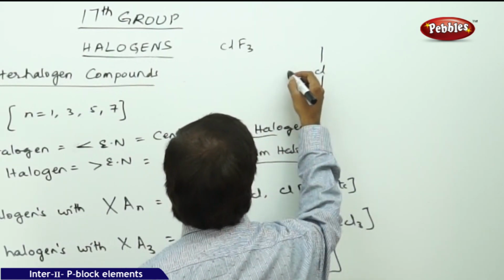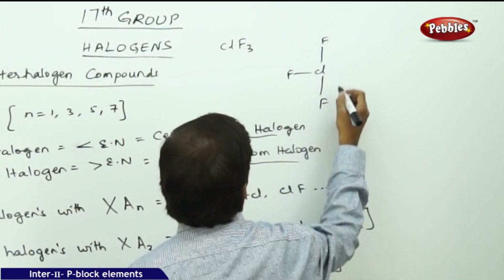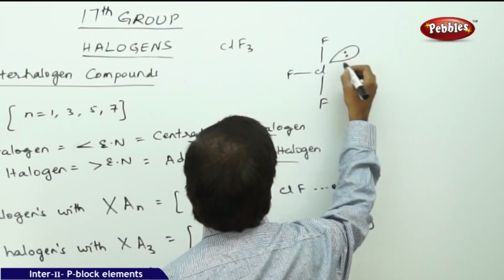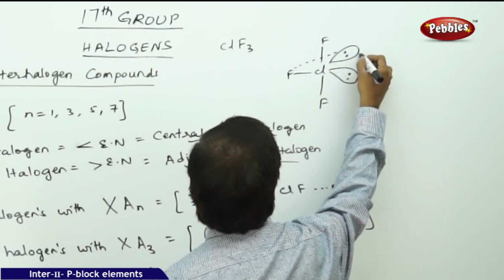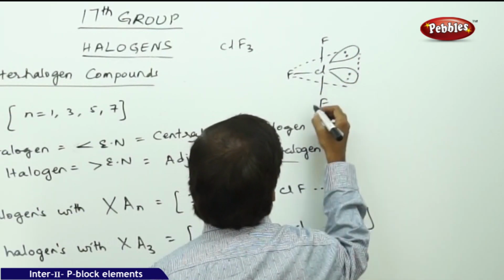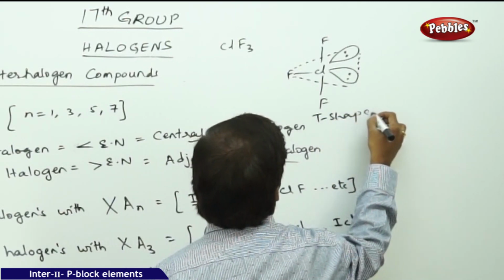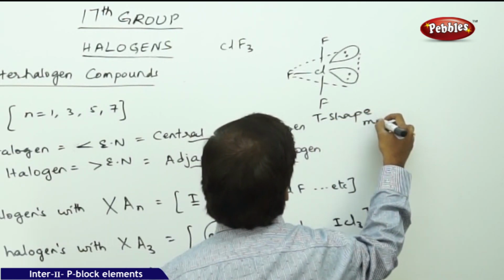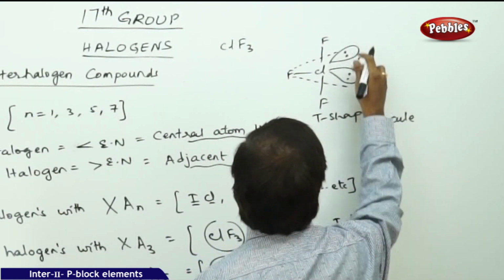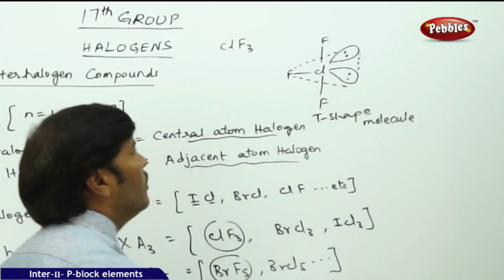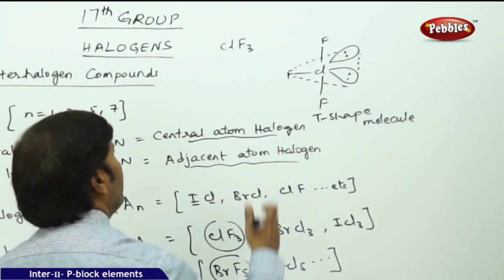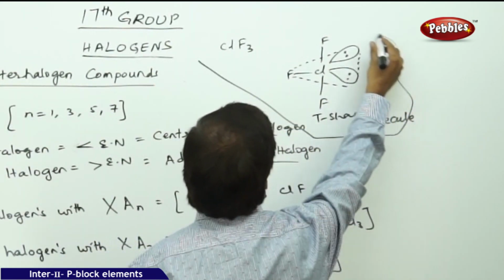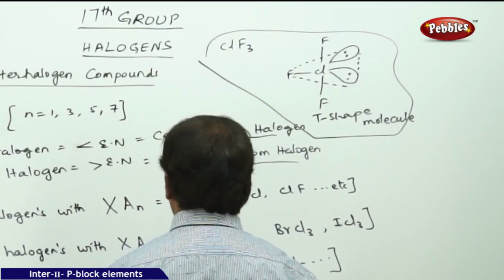The 2 lone pairs are in the equatorial position, 2 fluorines are in the axial position, and the third fluorine is again in the equatorial position. ClF3 is a T-shaped molecule. Now go for BrF5.